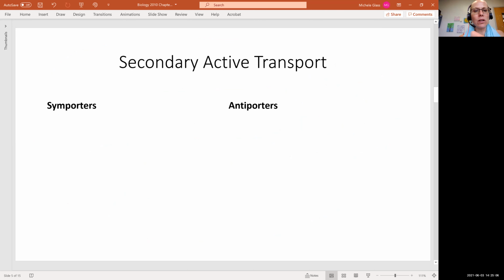Now, what we see here is what we can describe as secondary active transport. And so what this means is it's like indirectly using ATP. So this is like passive transport with an asterisk, right? You have to read the fine lines.